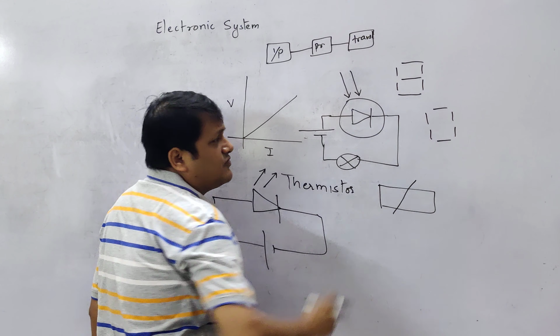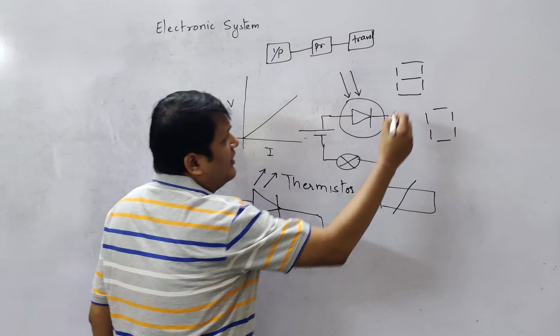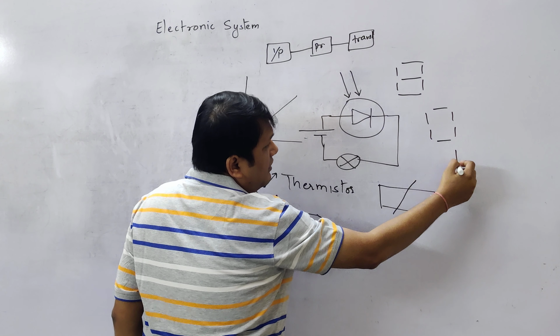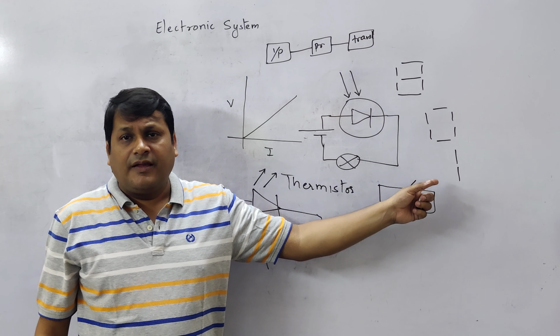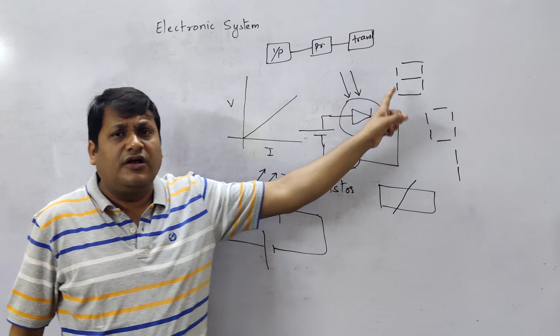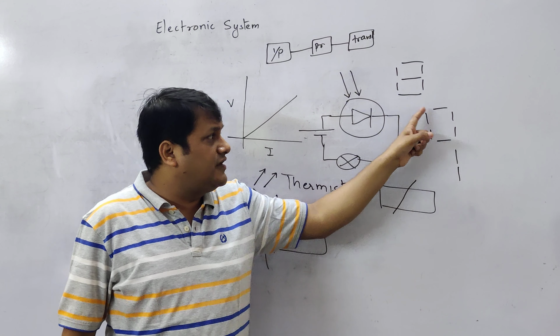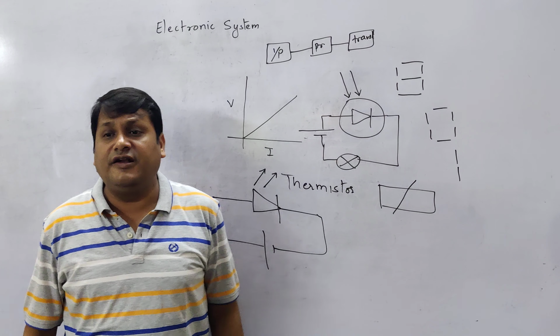You will not light this one. You get a 0. You can get 1. How will you get 1? You light only the right hand side LEDs. Same way 8. All the digits of your number system, 0 to 9, you can formulate in this 7-segment LED display.